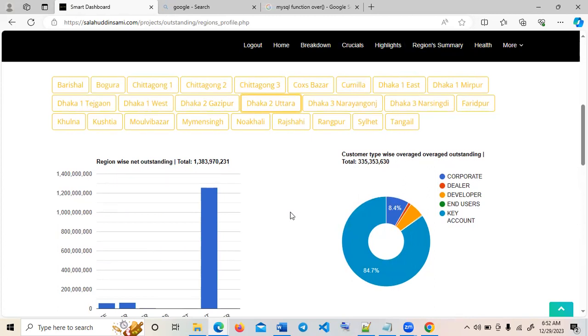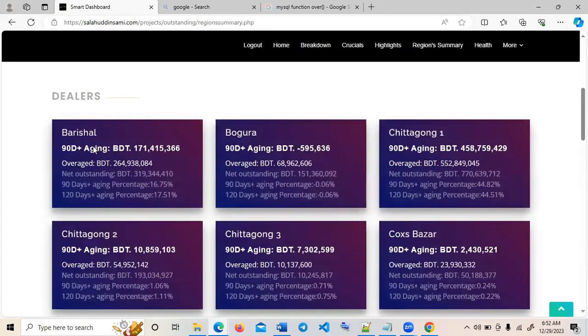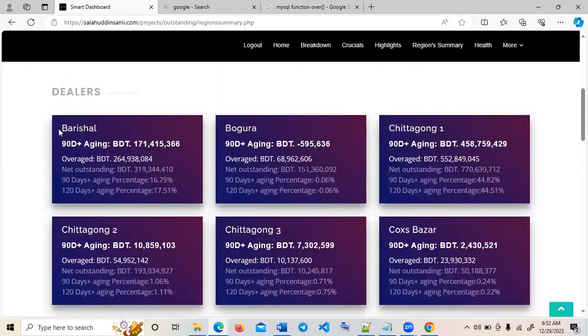for my client. And before finishing the region summary, this is another cool thing. For all of the regions, there is a summary card where my client can see the region's name, how much outstanding is 90 days plus aging for this region, how much is overaged, the net outstanding amount, and the 90 days plus age percentage, meaning out of the total amount, what percentage is 90 days plus aging.